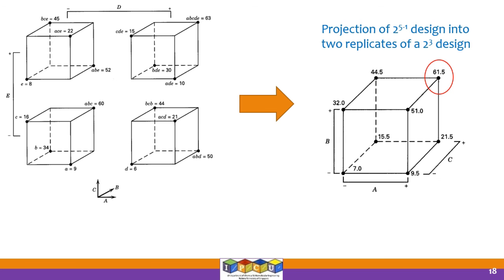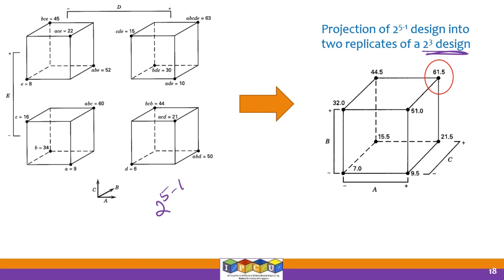So what we can do is we can take this 2 to the power of 5 minus 1 design and throw away D and E, and then reduce it to a 2 to the power of 3 design with only factors A, B, and C showing up there.